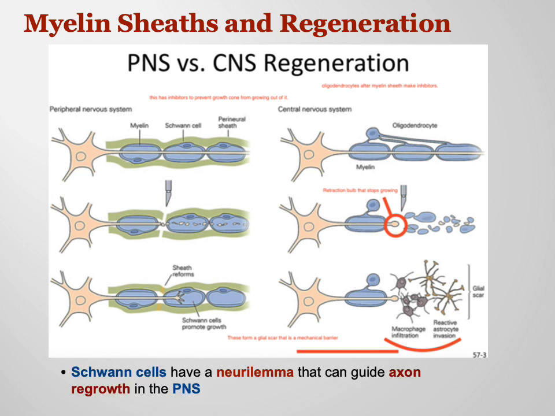The neurolemma, the outer membrane of the Schwann cell, provides a little tube that makes a passageway for the severed axon to reconnect, okay? So that's what they're showing there in the diagram. They're showing on the left side that in the peripheral nervous system, even if you damage an axon, notice how the Schwann cells can promote and guide the regrowth, and it'll grow back again.